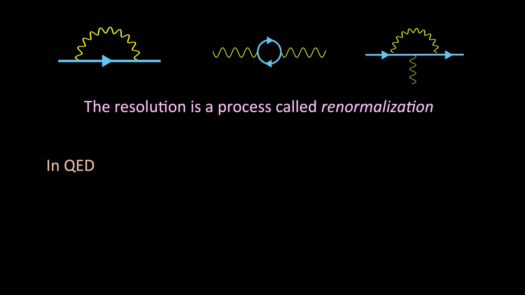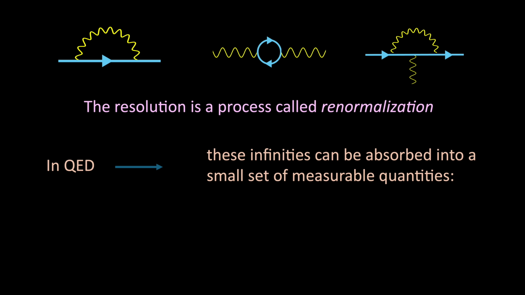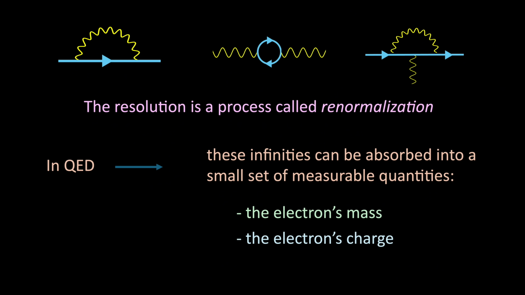In QED, these infinities can be absorbed into a small set of measurable quantities: the electron's mass, its charge, and the wave function normalization of the electron and photon fields. These parameters are fixed by experiment at a chosen reference scale, and all other predictions follow from them. After this redefinition, the theory remains internally consistent. Probability is conserved, and the expansion in powers of the fine structure constant alpha becomes predictive and remarkably accurate.